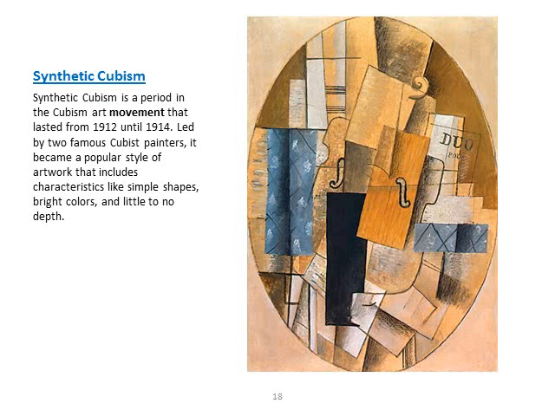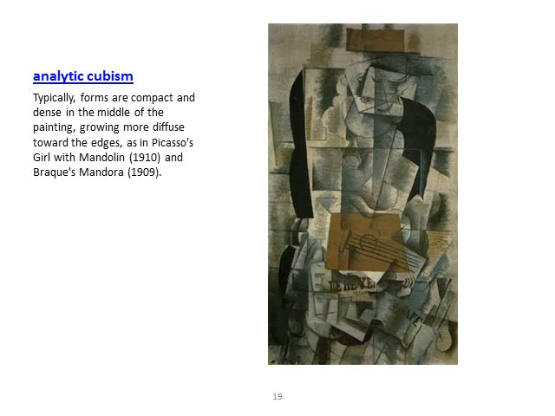Synthetic includes characteristics like simple shapes, bright colors, and little to no depth. Analytic includes characteristics like forms are compact and dense in the middle of the painting, growing more diffuse toward the edges.